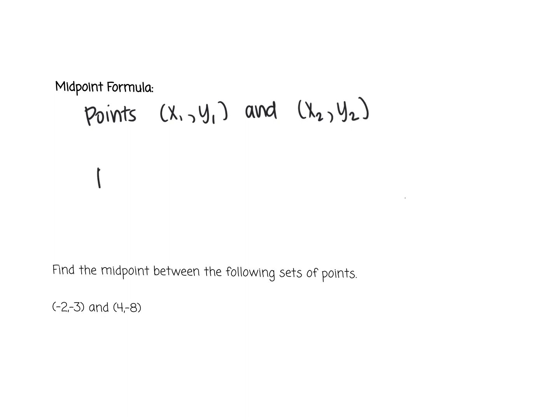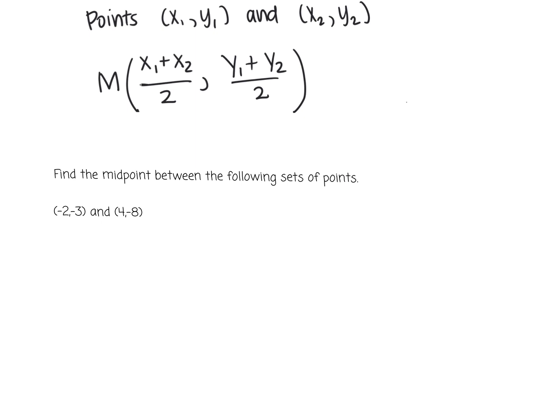So your midpoint of the 2 points is x1 plus x2 all over 2, and then y1 plus y2 all over 2. You're basically finding the average of each, because if I want to find the middle, I find their average. So if I know 2 numbers, the number in the middle of them is the average of their 2 points.